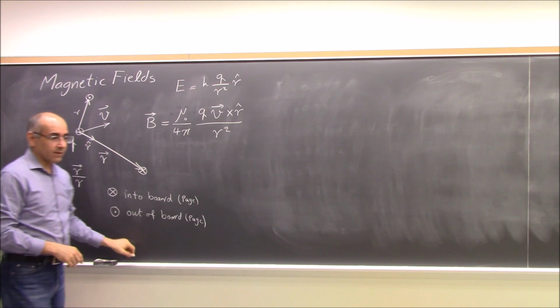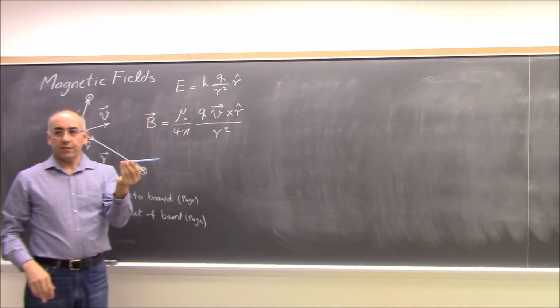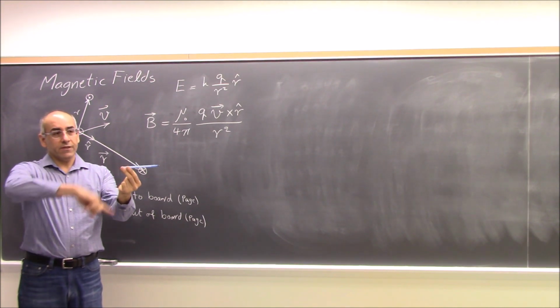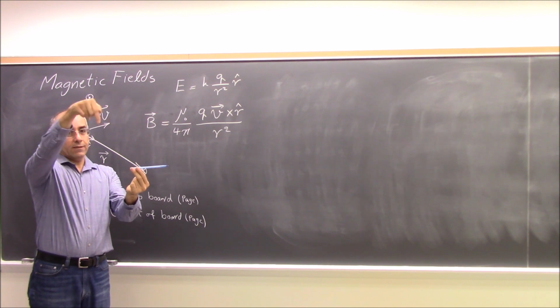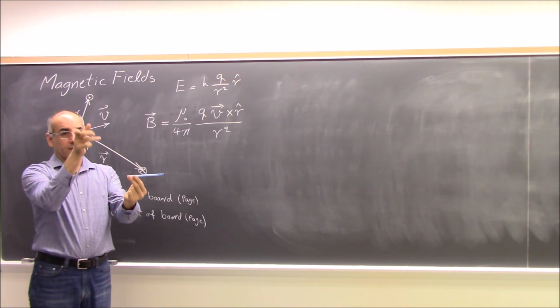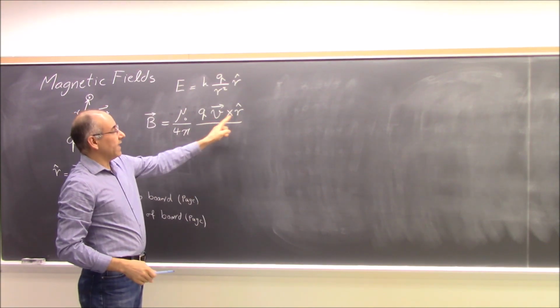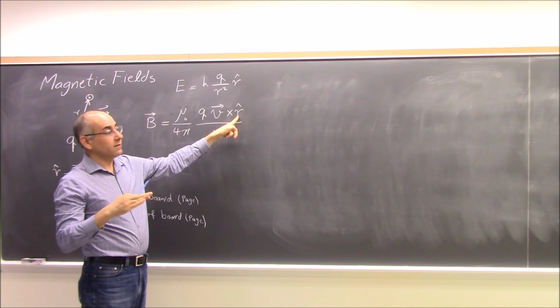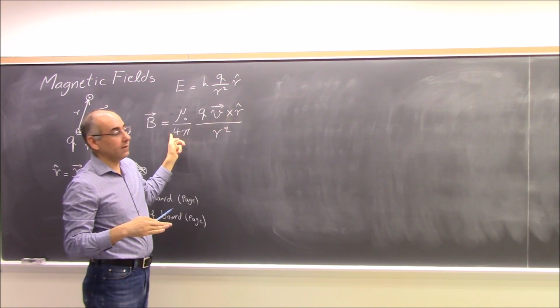So in fact, if this is the velocity vector of the particle, the field is circling around it. At any point, it is perpendicular to the radial direction this way. And also in this direction, because V and R hat will be in the same direction, you get zero B field.